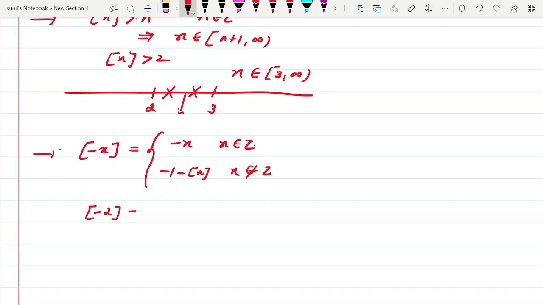Bracket of minus 2 is obviously minus 2. But if I ask you bracket of minus 2.5, if you directly solve it, it turns out to be minus 3. If I use this formula, it is minus 1 minus bracket of 2.5.